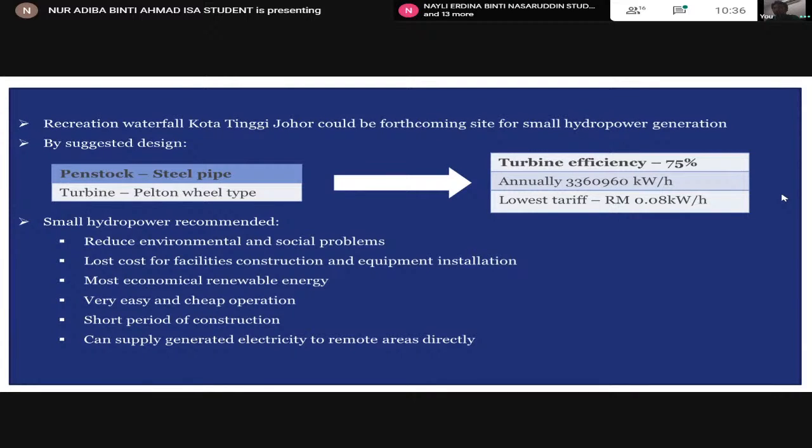That is why we mentioned the submergence and economic cost. And for the second objective, to harvest electricity from renewable energy source for sustainable water and energy development, it also achieved because we can harvest electricity throughout the year with the renewable energy source, which is the hydropower, with the sustainable water, because waterfall is sustainable water flow and energy development.